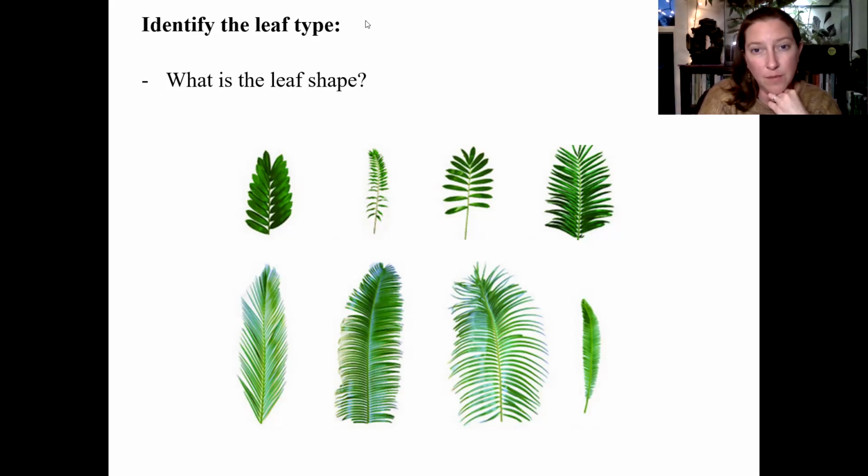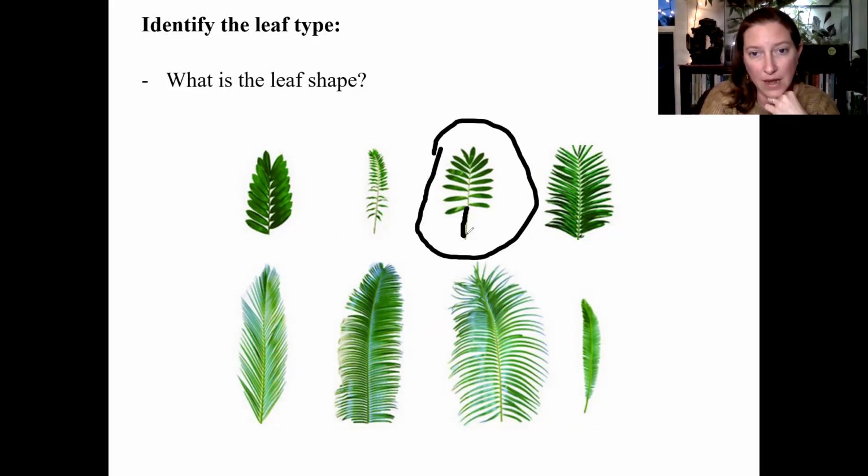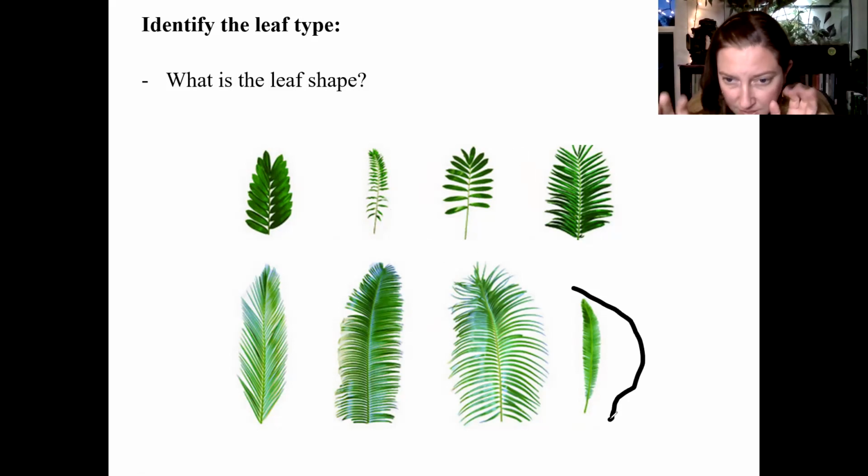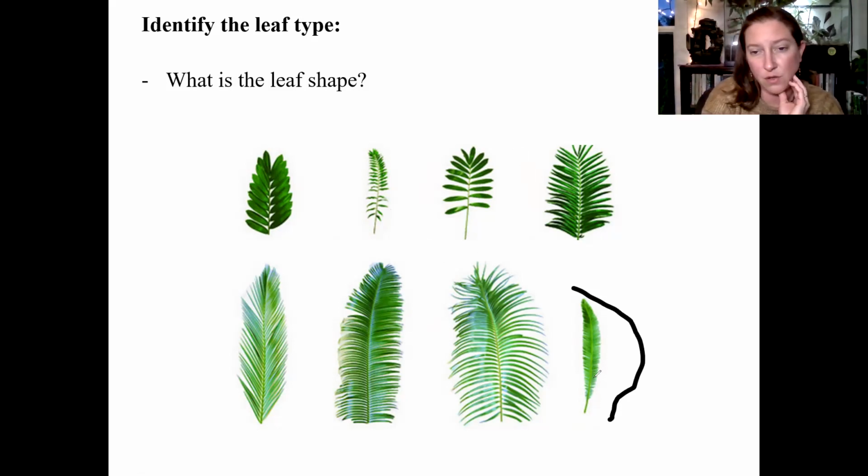Well, most of them, it's pretty clear that there's a lot of things above the petiole. This one over here, it's kind of harder to see, but trust me, there's also lots of things. They're just thinner. Can't even draw that thin coming off of them.